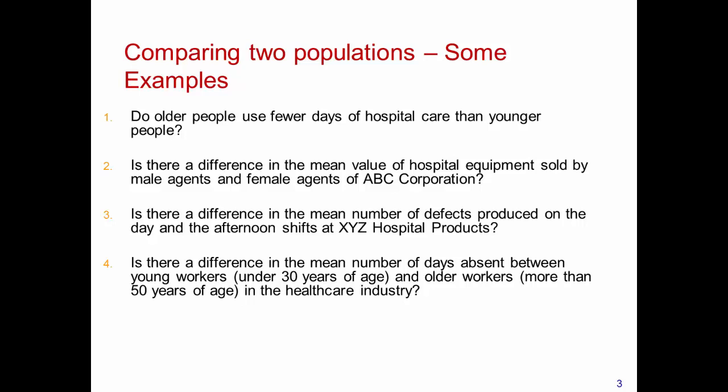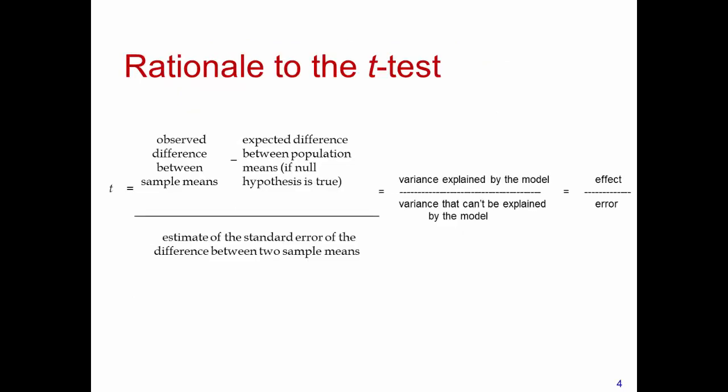Okay, let's take a look. Most test statistics are like a signal-to-noise ratio. You have the variance explained by the model divided by the variance the model can't explain. Another way to look at it is you have the effect divided by the error. When we're comparing two means, the model we fit is the difference between the two group means.